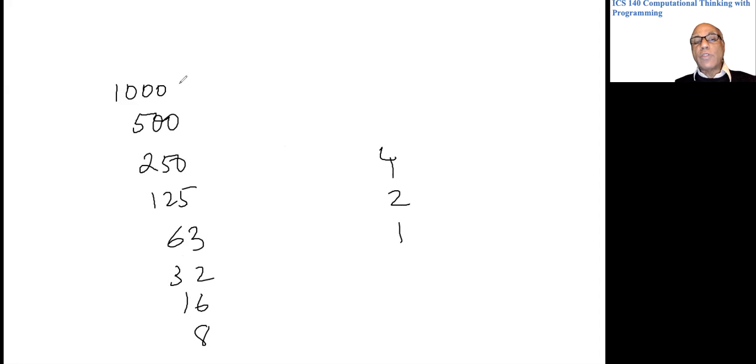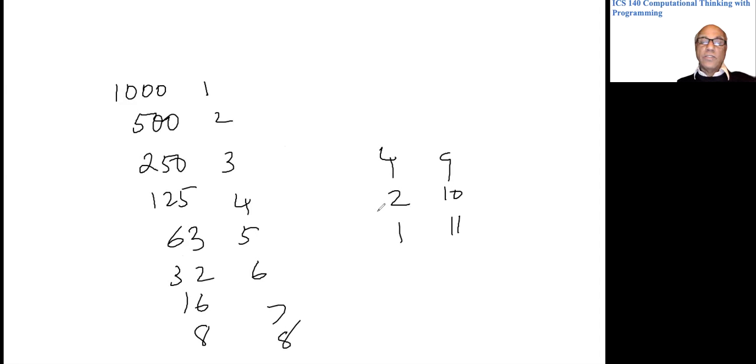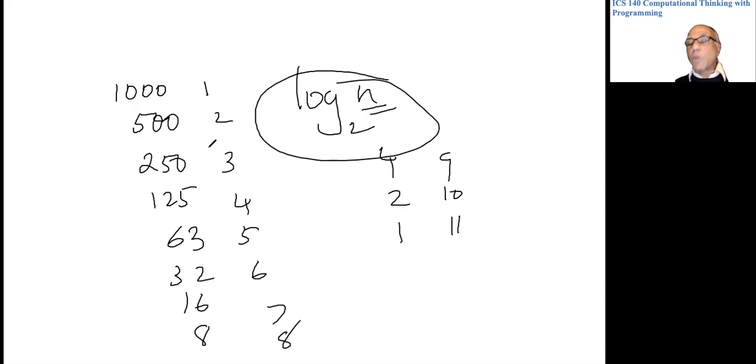So if you have 1,000 elements, you would have done 1, 2, 3, 4, 5, 6, 7, 8, 9, 10, 11 comparisons at most. Roughly, it is logarithm of n comparisons. That is an approximate number, but it is very close, maybe log n plus 1.